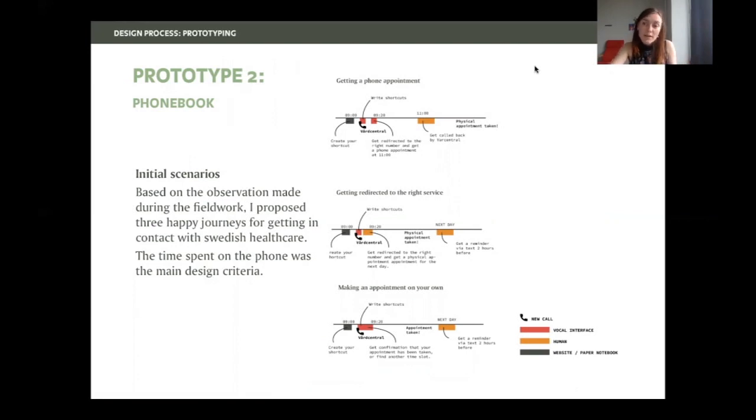And I created shortcuts at the beginning of each scenario, which are just like before a string, but this time of numbers that add the different personal information that you have about yourself, because you are supposed to enter them anyways when you call. They also redirect you directly where you want, so you don't have to go through several menus and listen to everything before going where you want.